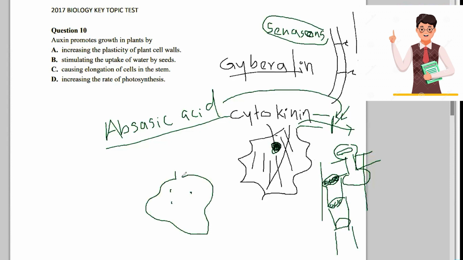When the winter comes, the aerial parts of the potato plant die. Underground tubers remain, right?